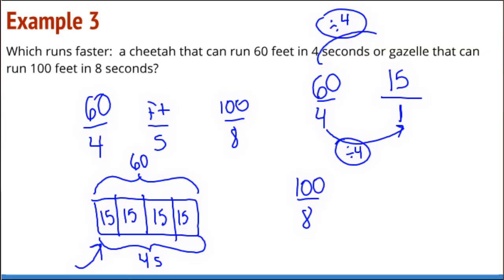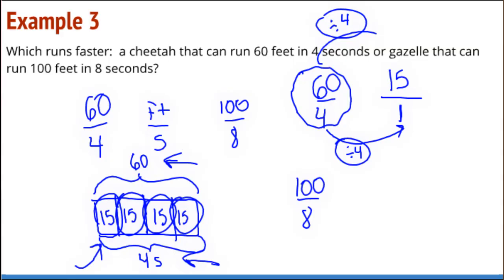So a tape diagram representation to see what's happening with the scaling, because these things are locked together. They're tied together. The 60 feet is equal to the 4 seconds. So if I want to scale down to 1 second, I will cut it into 4 pieces, which means the 60 has been cut into 4 pieces. And I find out that the cheetah is running 15 feet per second.